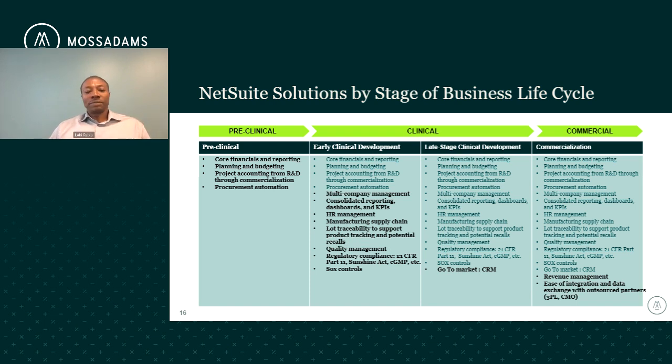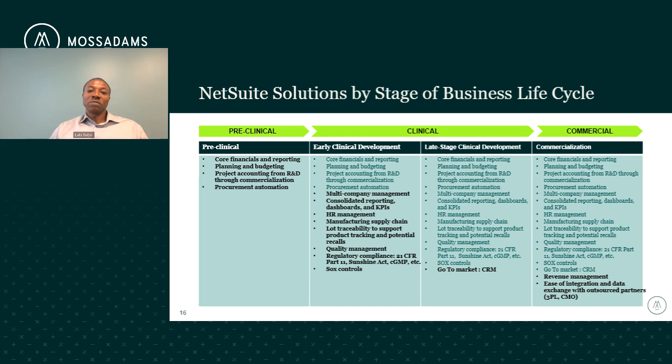In the preclinical phase, a life science organization is typically non-revenue generating. At that point, it will be heavily involved in R&D studies. And because this is a heavy spending phase, companies need to be able to accurately budget, allocate costs, and automate their procurement process.